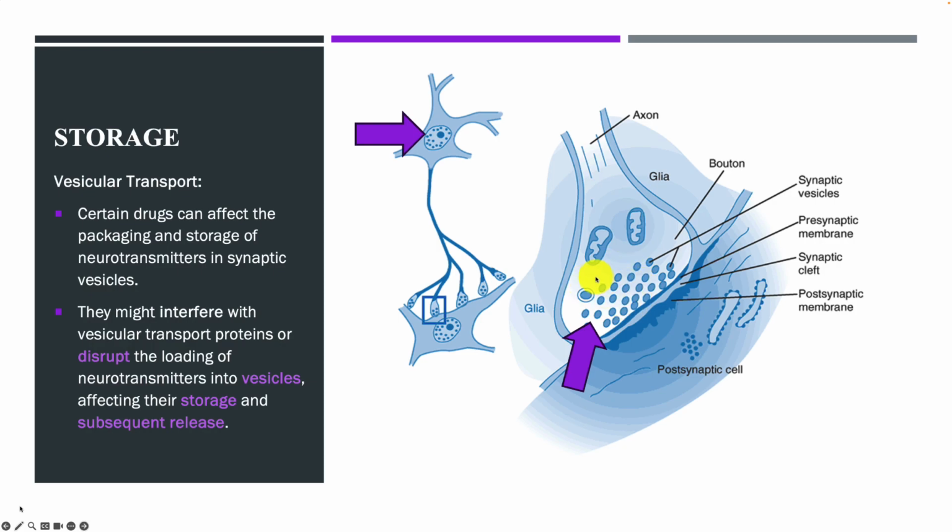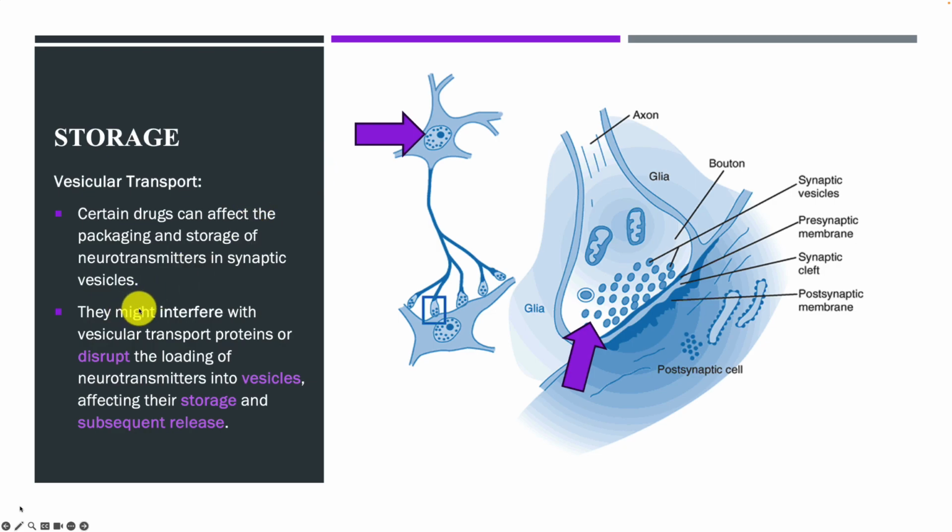And well, how do we do that? Well, certain drugs can increase but also decrease the amount of neurotransmitters, or any sort of chemical that is used to be secreted from one neuron to another. We can impact how much of that is put into storage.